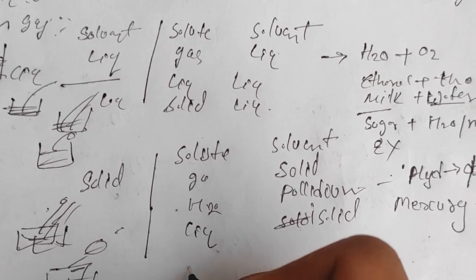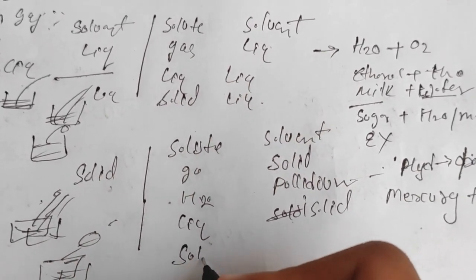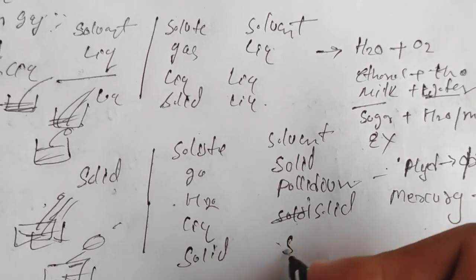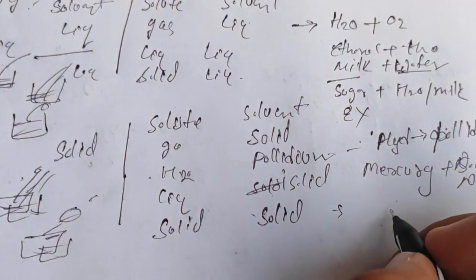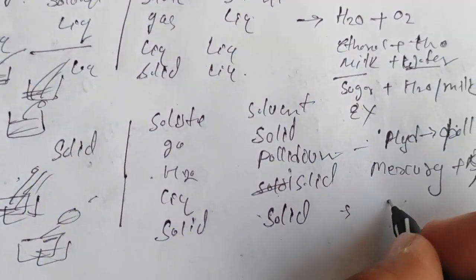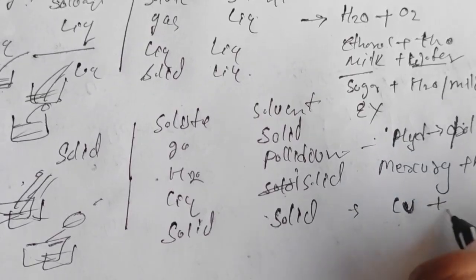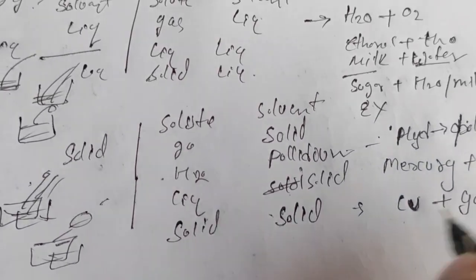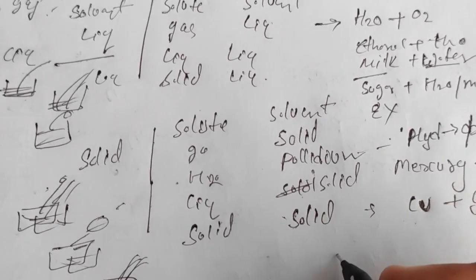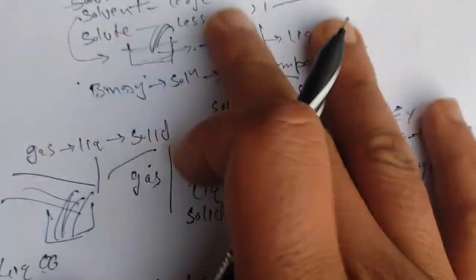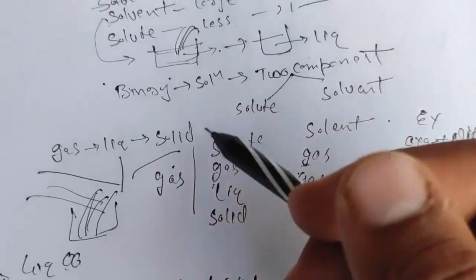Last, the solute is solid and the solvent is again solid. A well-known example is copper as the solute and gold as the solvent. Again, the basic form: the binary solution has two components, solute and solvent.